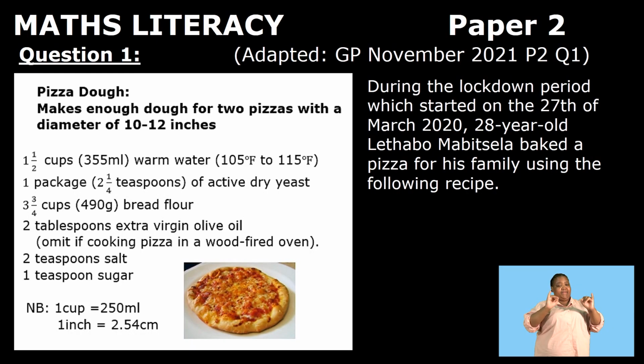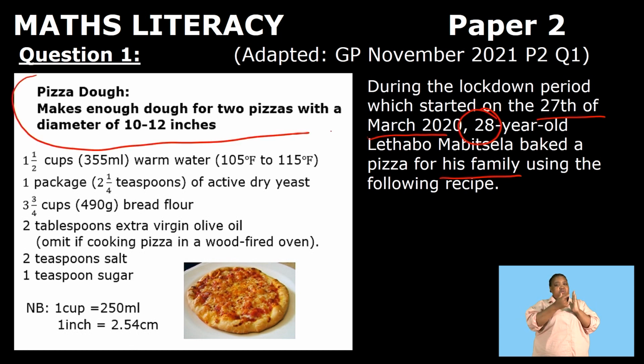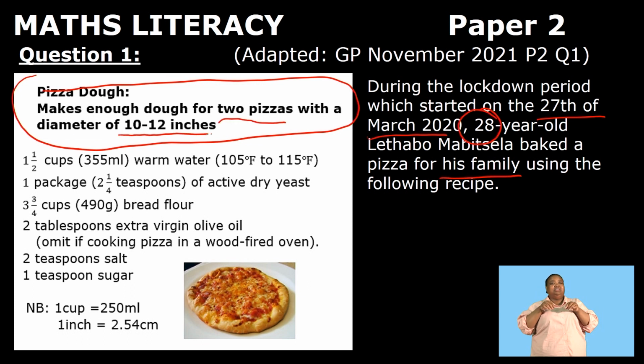Another one. During lockdown, which started on the 27th of March 2020, a 28-year-old Letabo baked a pizza for his family using the following recipe. So, first, there's the pizza dough, and they say it can make 2 pizzas with a diameter of 10 to 12 inches. Now, the moment we see inches, we know it's imperial, so there might be a conversion between imperial and metric.